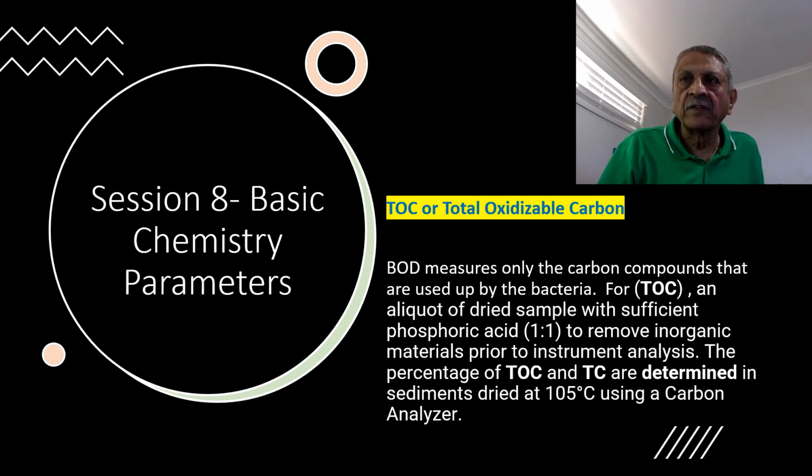For TOC, however, we take an aliquot of the dry sample and treat it with phosphoric acid to remove the inorganic carbon, and then we use an instrument to determine the TOC and TC by drying up the sediments at 105 degrees centigrade and using the analyzer.